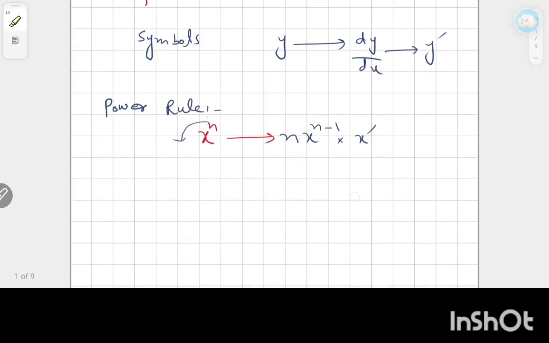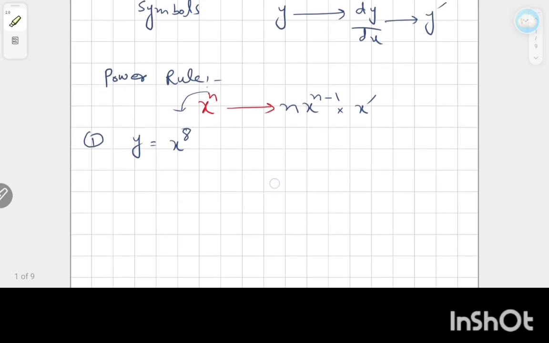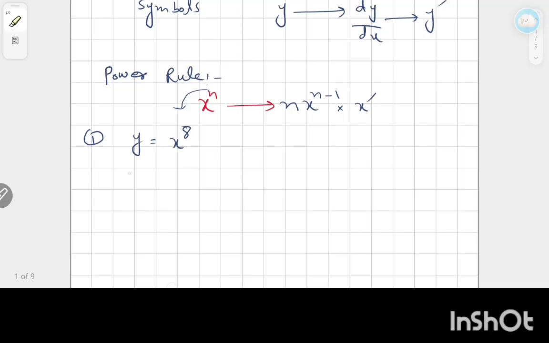We have some examples to understand the power rule. Hopefully you can understand by using the formula and also the examples. Our first example is y equals x power 8. Now we take the derivative on both sides, d over dx.